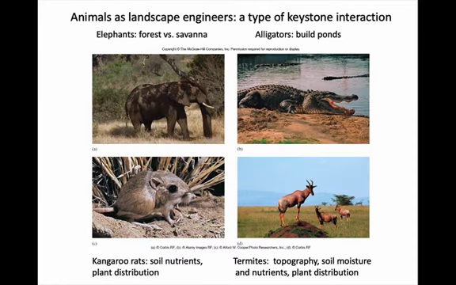Okay, finally, let's talk a little bit about animals as landscape engineers. These are keystone species that do not have their effects on communities by regulating competitive exclusion. They actually alter the landscape, providing niches for species that would otherwise be missing. Okay, so on the top left you have elephants. These are the major drivers of savanna succession in East Africa.